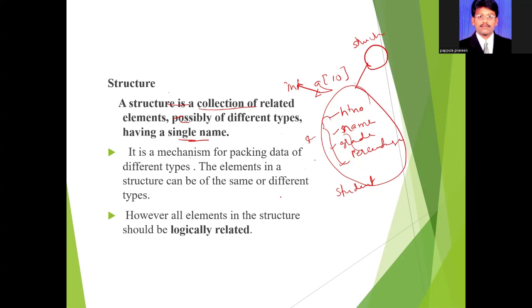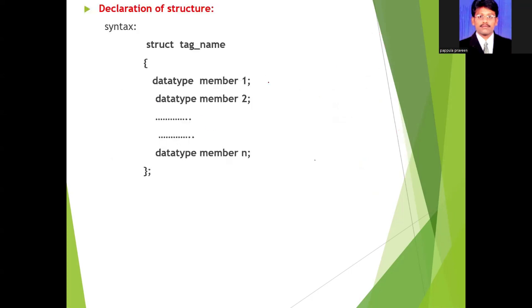Now we know the structure is a collection of related elements, possibly of different types, having a single name. This is the definition. And what is the second concept? We go for the syntax of the structure. This is the syntax of the structure. struct tag name.